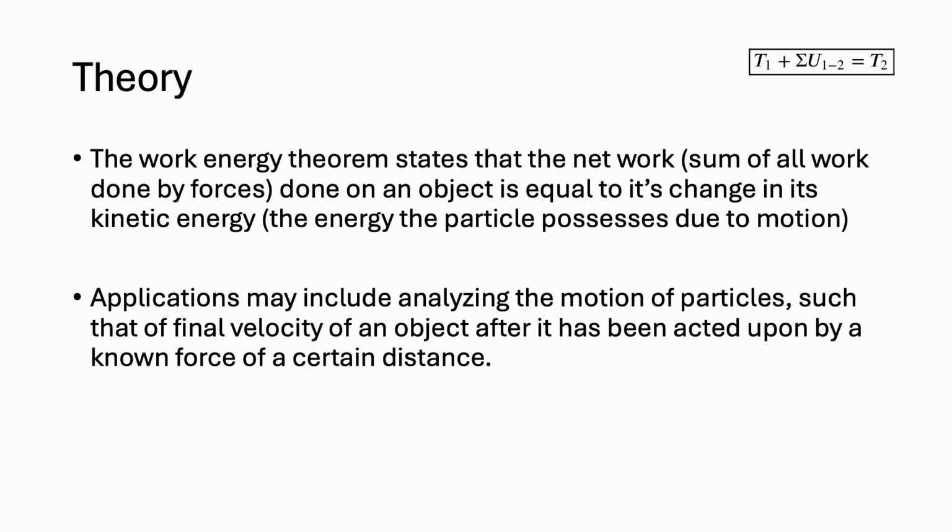And we can apply this because, for this scenario specifically, it includes analyzing motion of a particle such that the final velocity of an object after it has been acted upon by a known force of a certain distance. So the particle in this case would be the pickleball, and it's being acted upon by gravity, which therefore would have a constant velocity.